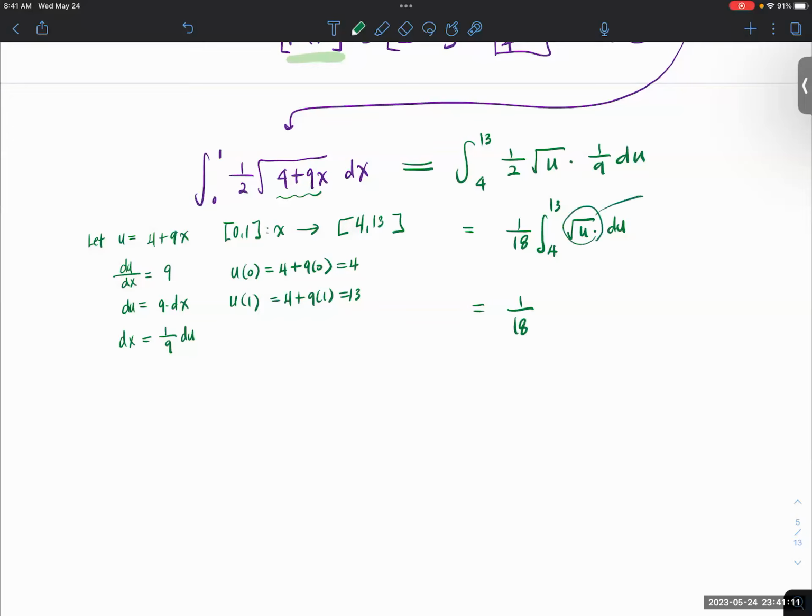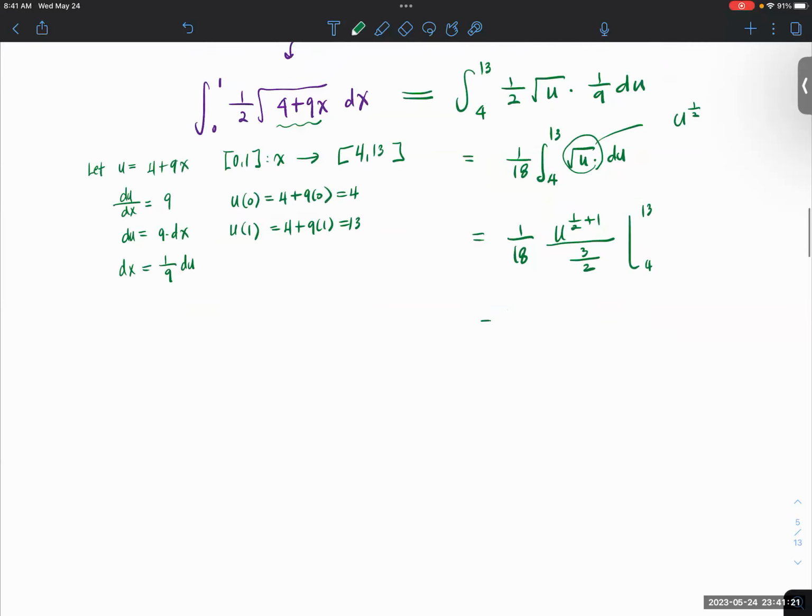This is going to be u to the 1 over 2 plus 1, divided by that exponent, from 4 to 13. Keep going. I'm going to flip over and bring it up. 1 over 18, 2 over 3, u to the 3 over 2 from 4 to 13.